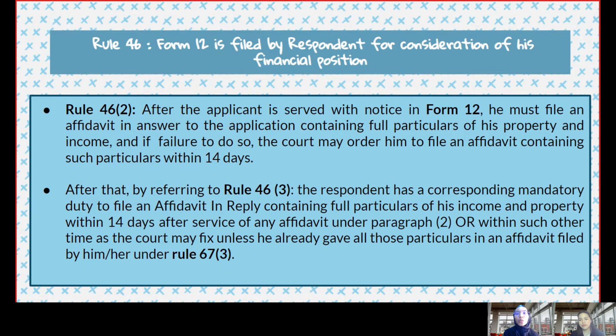After that, by referring to Rule 46, Paragraph 3, the applicant has a corresponding mandatory duty to file an affidavit in reply containing full particulars of his income and property within 14 days after service of any affidavit under Paragraph 2, or within such other time as the court may fix, unless he already gave all those particulars in an affidavit filed by him or her under Rule 67, Paragraph 3.